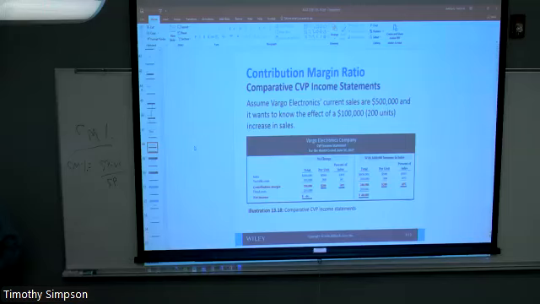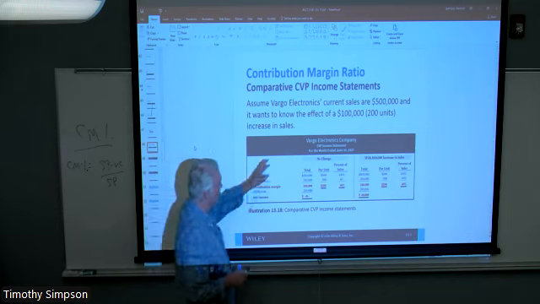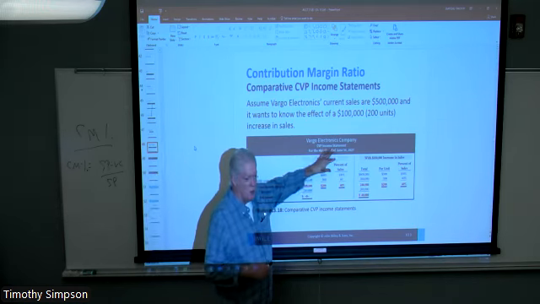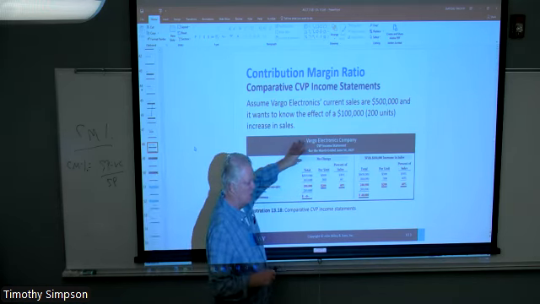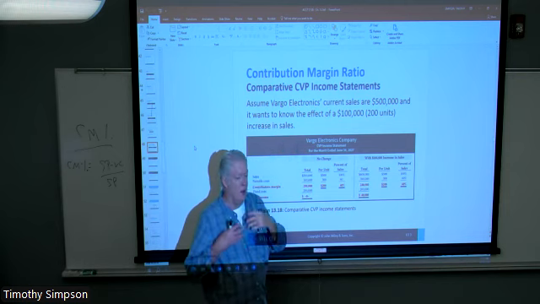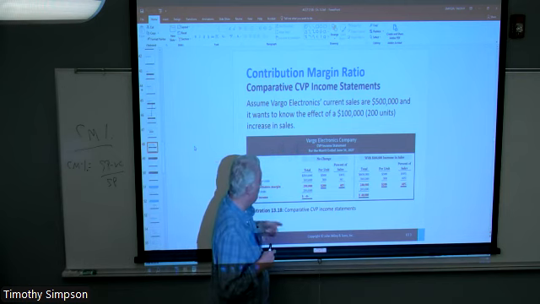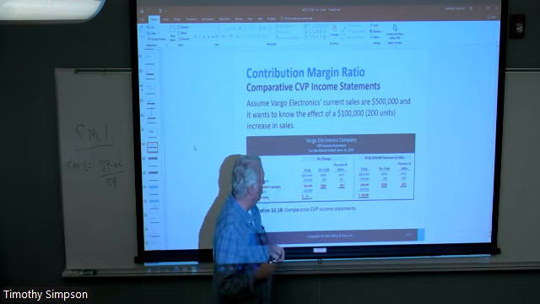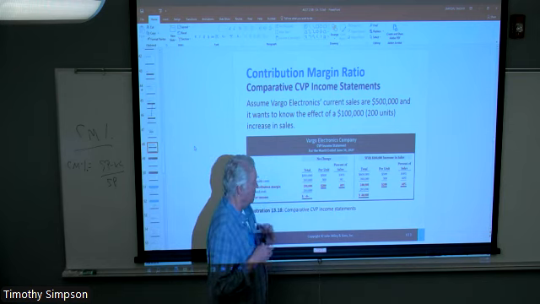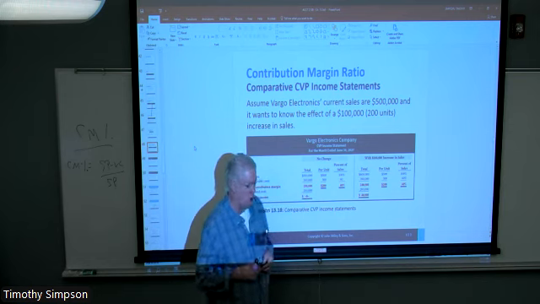So if we go back to the CVP income statement, what do we have here? We have all the values we had before. This is a company that's not making money on this product. And I know sometimes we were tempted to think, oh, this company's not profitable, zero profit, they're going bankrupt. Well, it could be this is one particular unit or product line that's being sold. They could be doing a lot of other things as well.